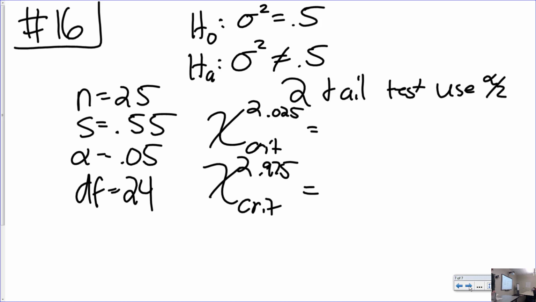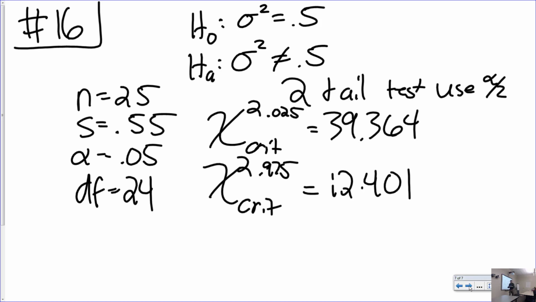I should really bookmark that page. 0.025, 24 degrees of freedom: 39.364. And 1 minus 0.025 is 0.975. That's the 12.401. So it needs to be greater than the 0.025 critical value or less than the 12.401 value. Okay, because that's the two tails, the two sides. It can either be more than the top one or less than the bottom one.